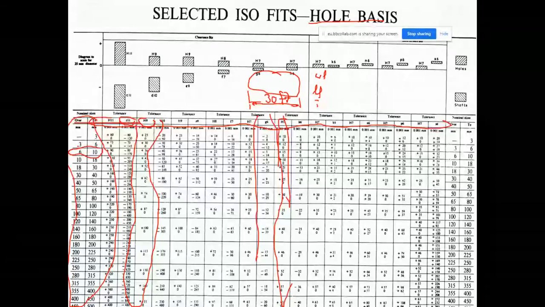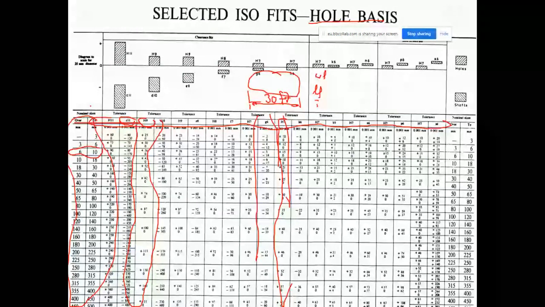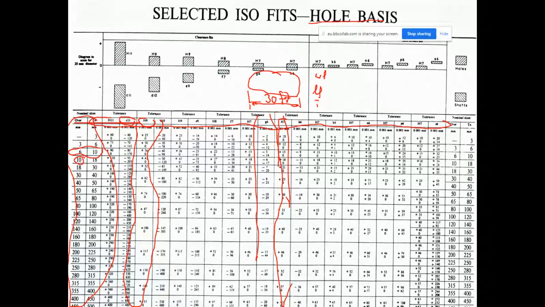Not only in this table, but in all the other tables, unless otherwise mentioned, it is a rule: if there is a range in the structure of the table, the first number of the range is not included. The second number is included.